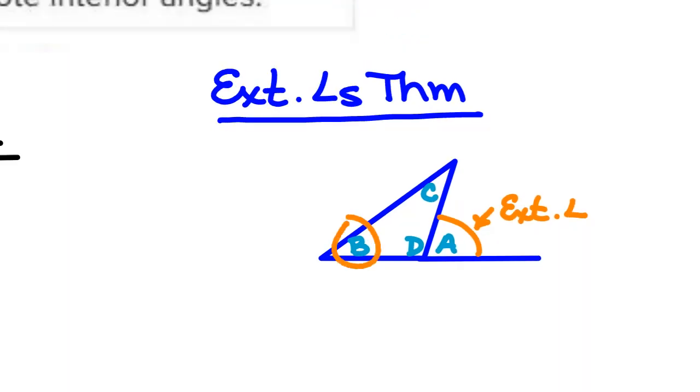Does anybody remember what we would call these two angles? B and C. In relationship to angle A, what would we call angles B and C? First of all, are they interior or exterior angles?